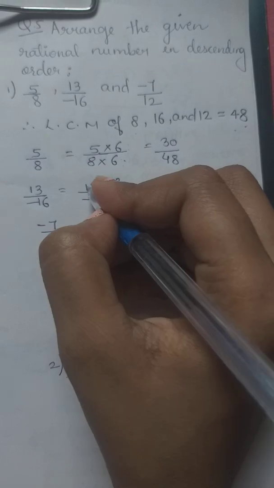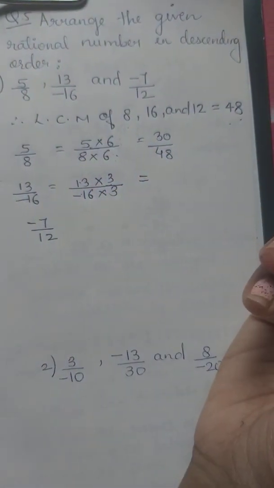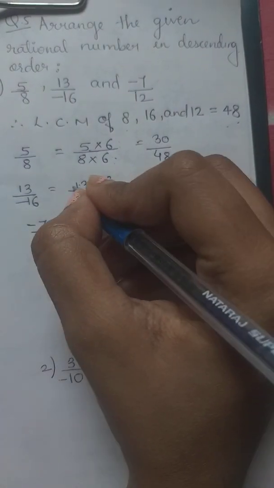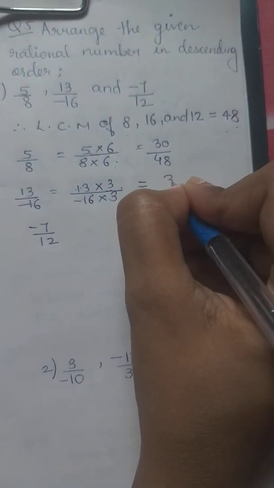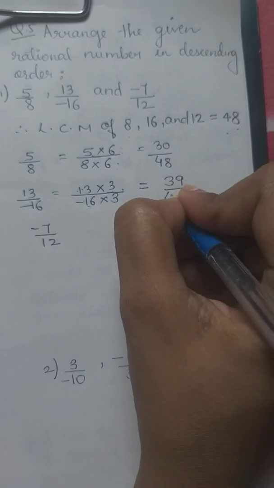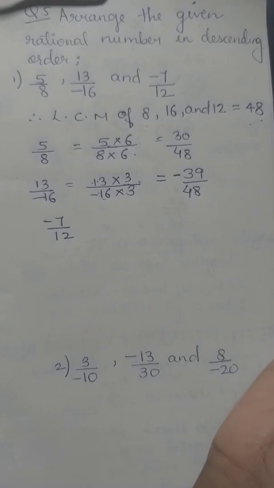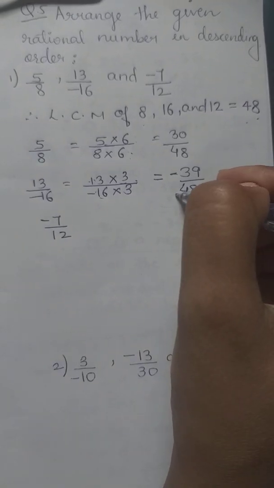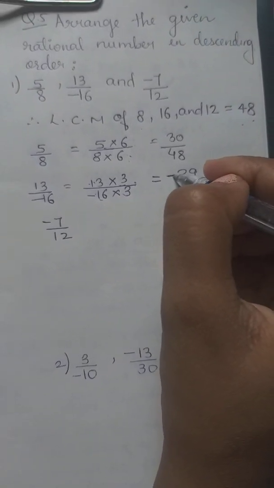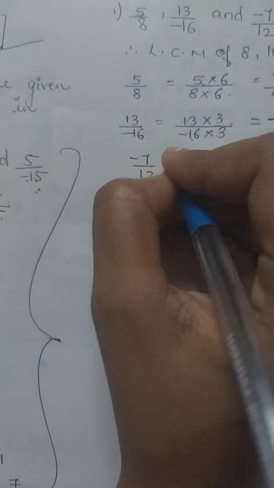Okay, this minus sign will go up, as in standard form. So now 13 3s are 39 and 16 3s are 48. The minus sign will go up in standard form.